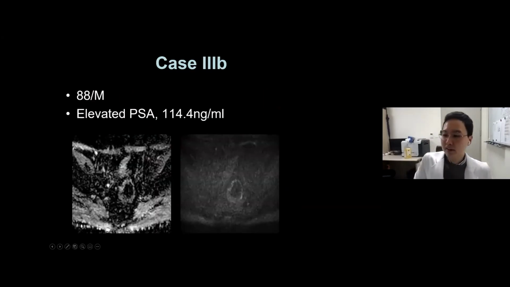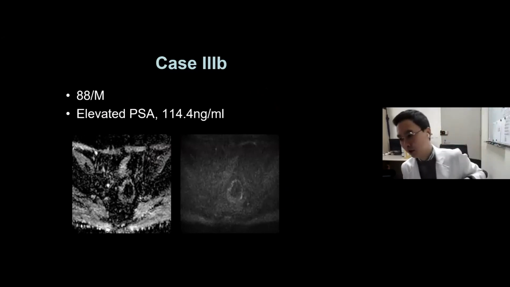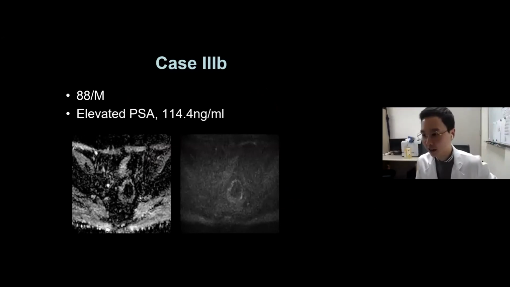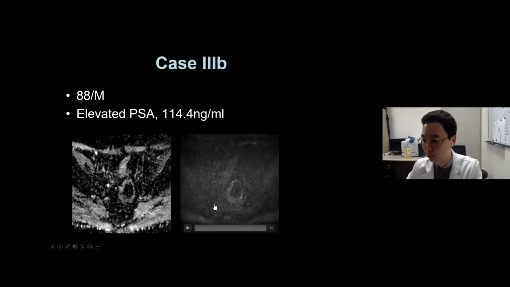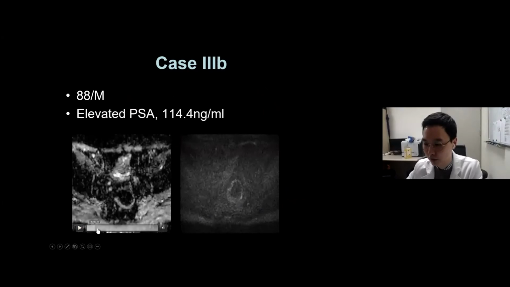Okay, the second case is an 88-year-old male patient who had an elevated PSA of 114.4. Because of the elevated PSA, this patient went on for MRI evaluation.